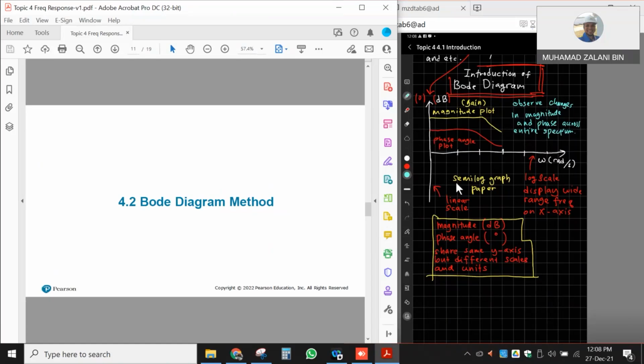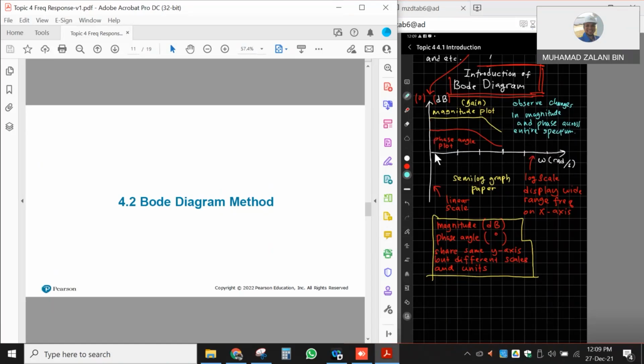So we call this a semi-log graph paper, because the x-axis is represented in log, but the y-axis is represented as a linear scale.